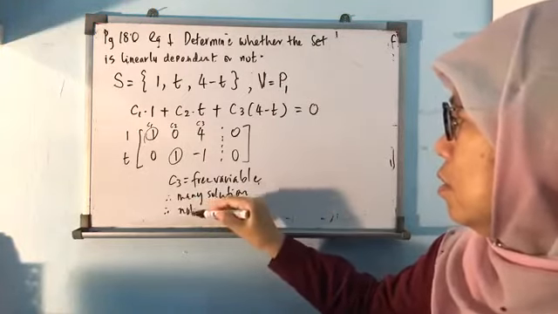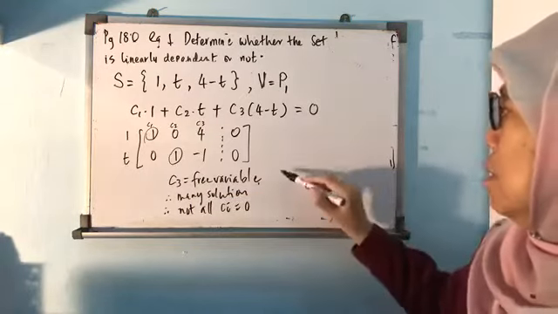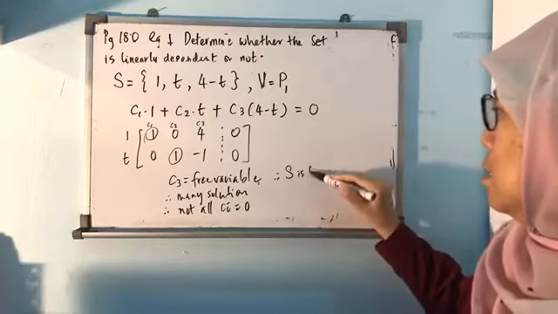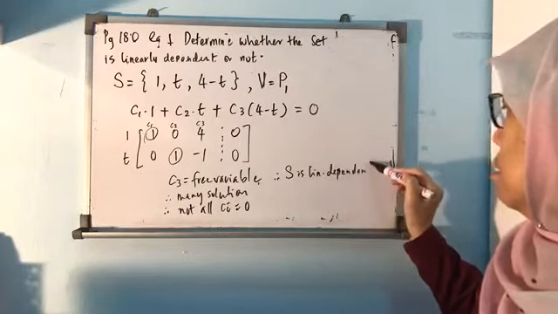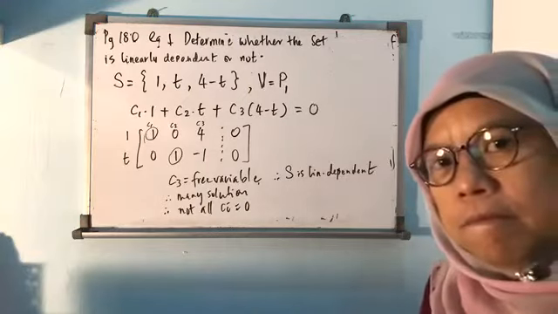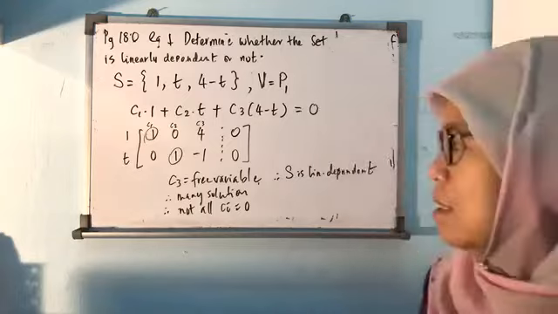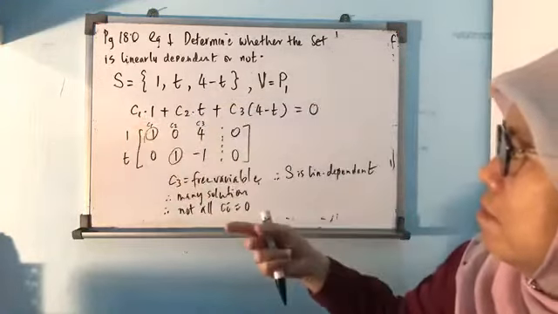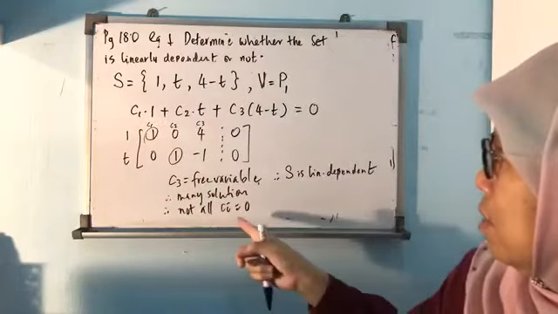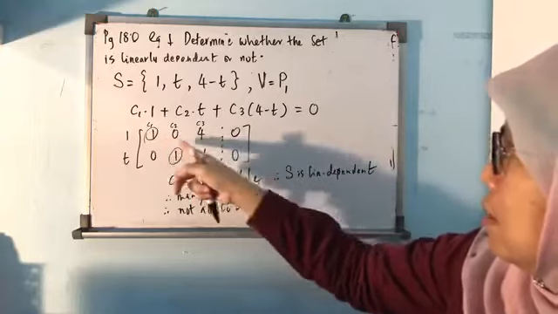Okay, once C3 is a free variable, so many solutions. So not all Ci is 0. Thus S is linearly dependent. Okay. If the question asks you to write out or give some values of C, then you can just get some values of C from here, right?